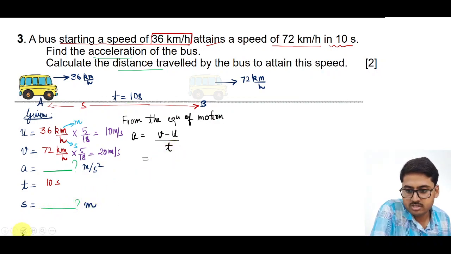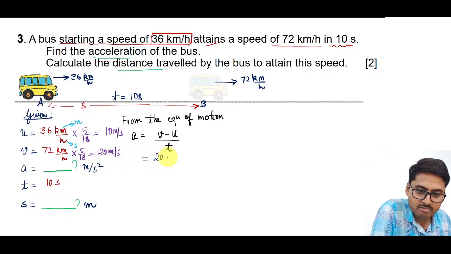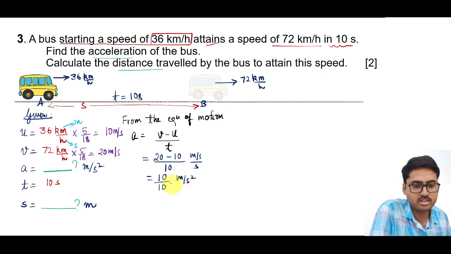Now you can see it is meter per second, and then we can put the value over here. This is the mistake done by students when they are starting the numerical, and once they are practiced enough, then you don't make mistakes, I know. So this is 20 meter per second minus 10 meter per second. I can write meter per second outside over here, and then time is given here as 10 second. So you can see here, this is how much? 10 divided by 10, and this is meter per second square. And 10 divided by 10, is it 0?